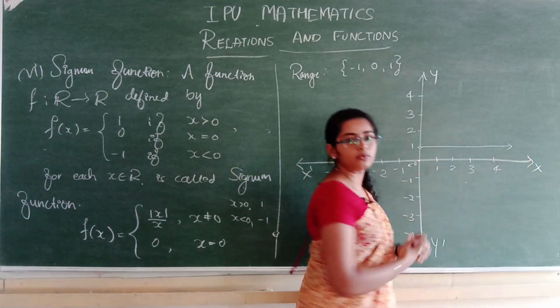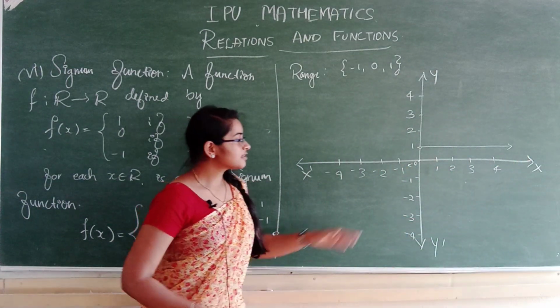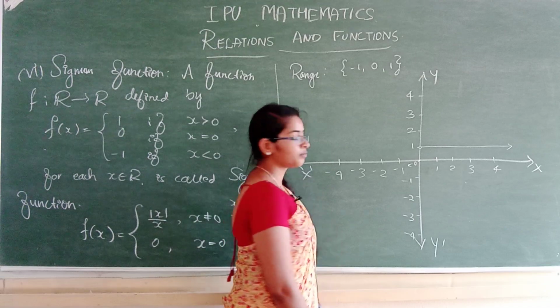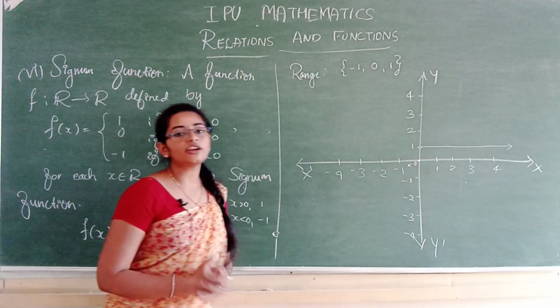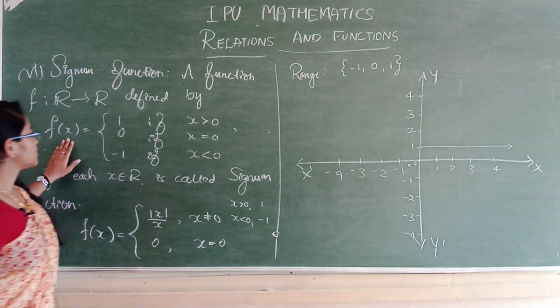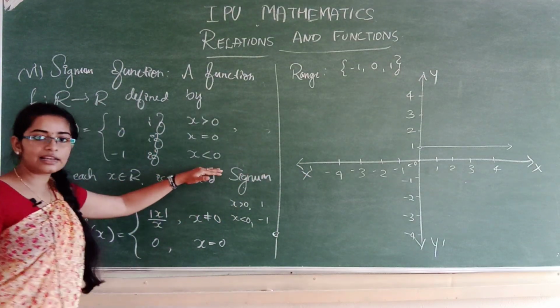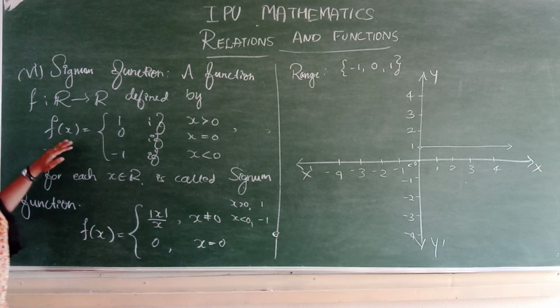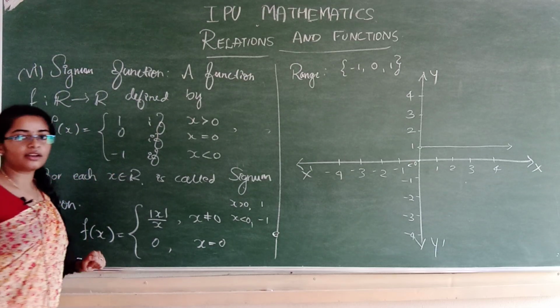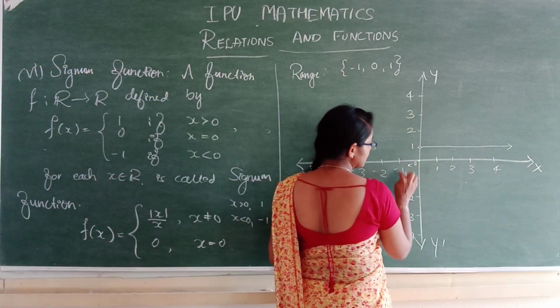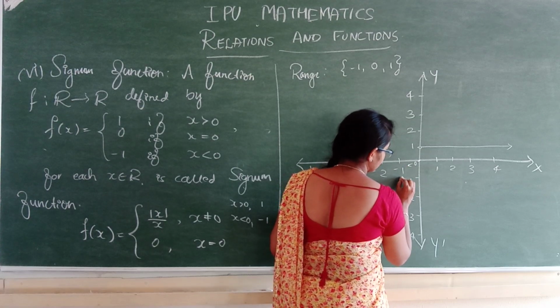This will continue. And what happens if my x is negative? If I take minus 1, what is my f of x? If I take x to be minus 1, x is strictly less than 0, that implies f of x is equal to minus 1. So this is equal to minus 1 here.